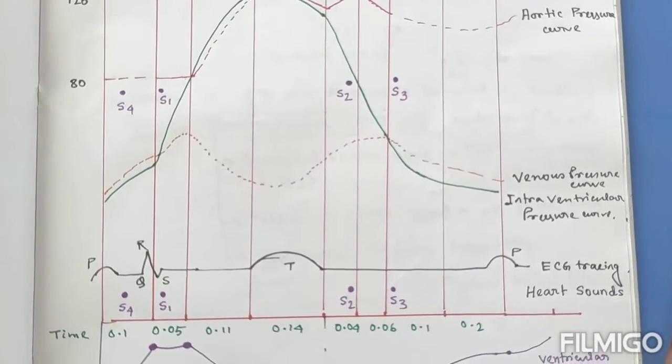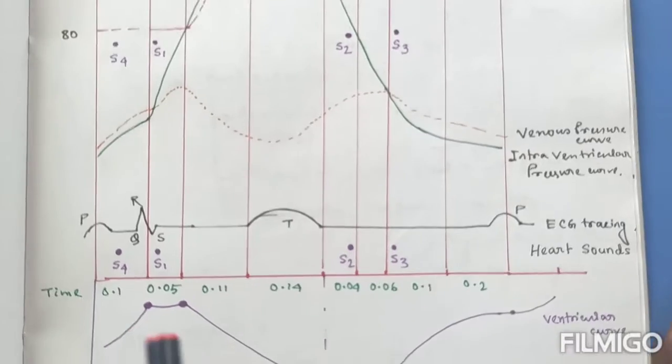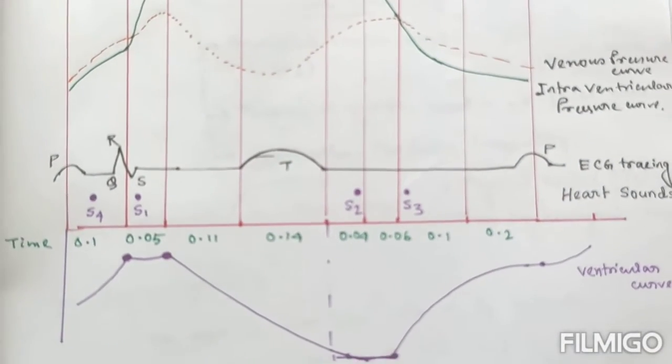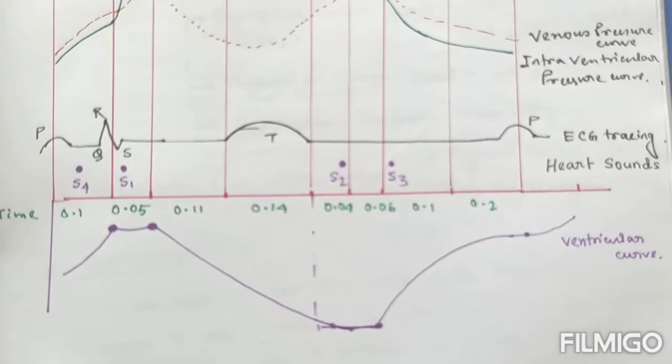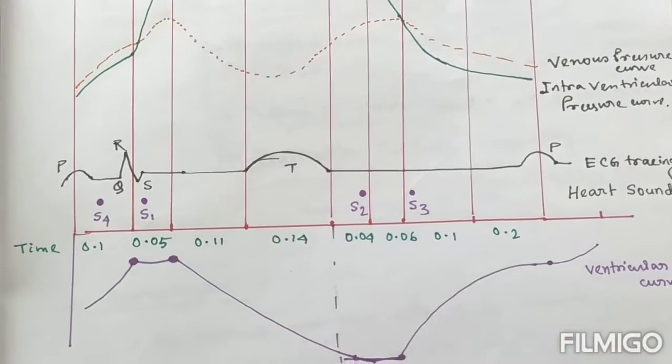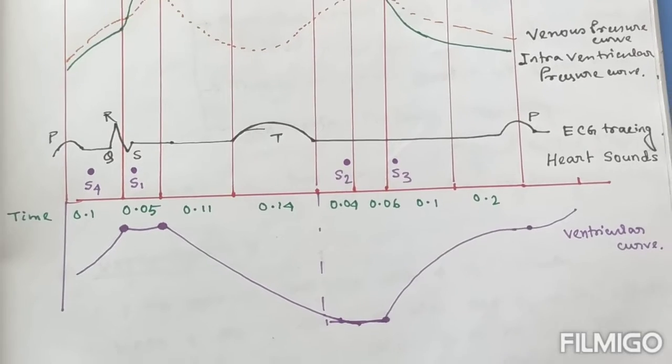We should not bother much about this. And this is simply the ECG tracing according to the change of cardiac cycle. And here also this is the sound, the various types of heart sounds.